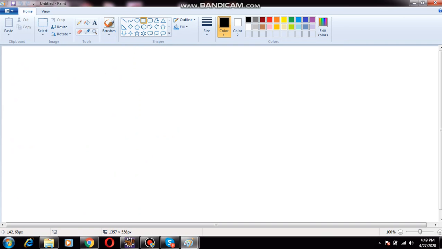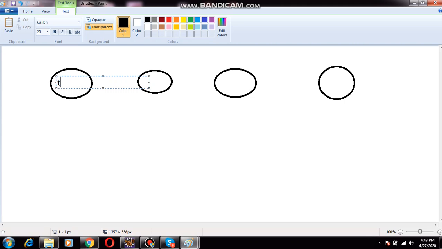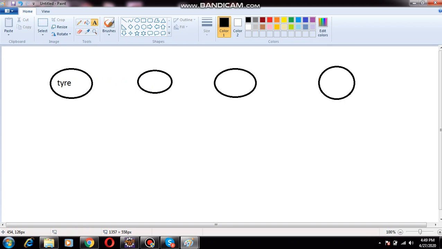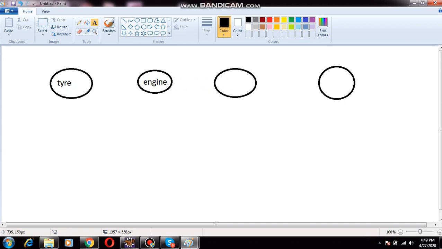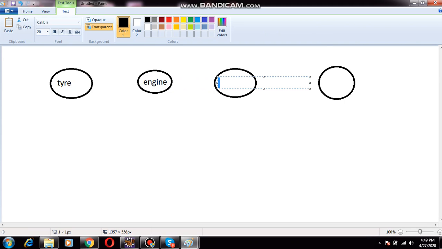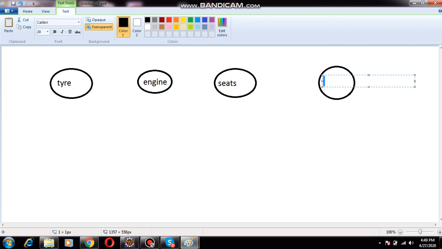Now I am taking some interfaces. Tire, next I am taking some interface engine, next interface seats, and next interface gear.